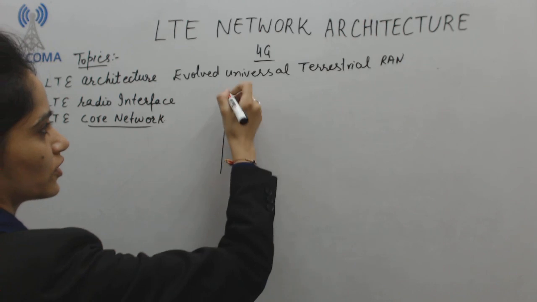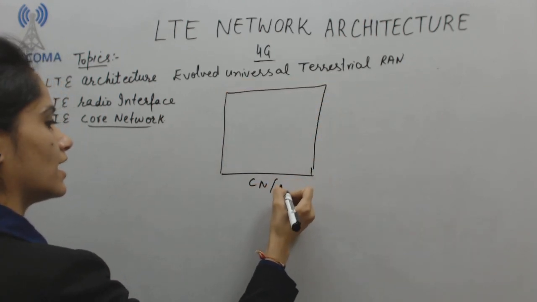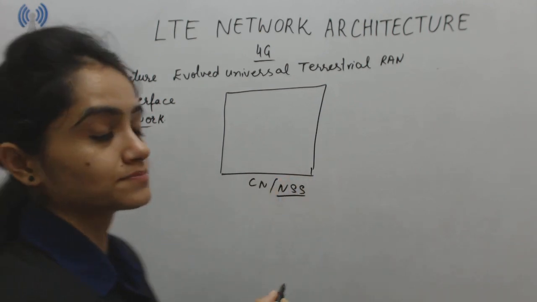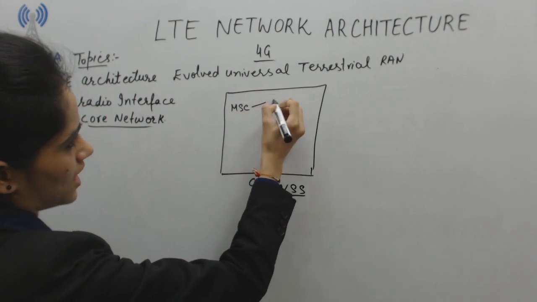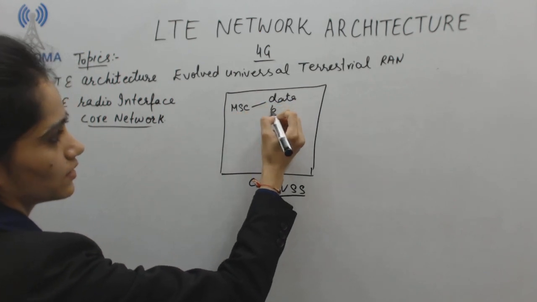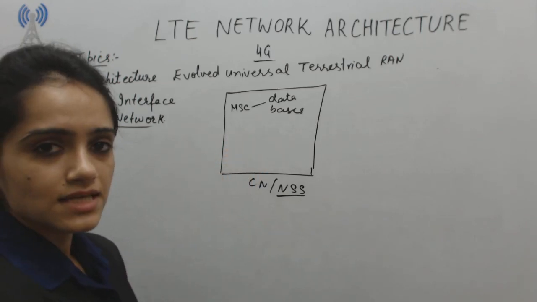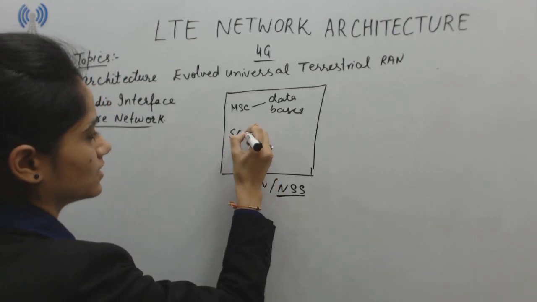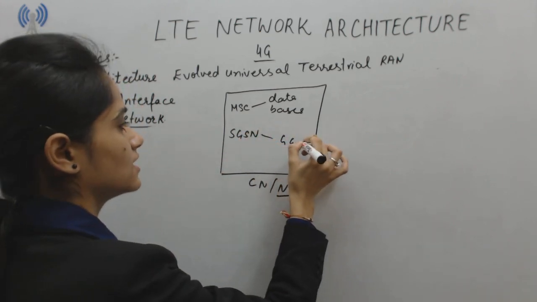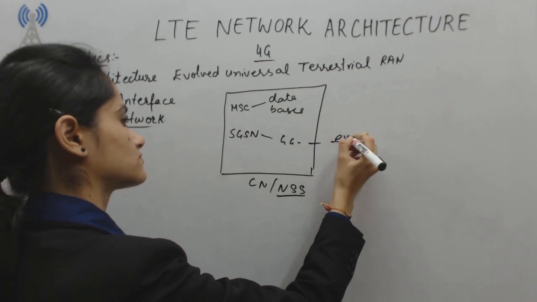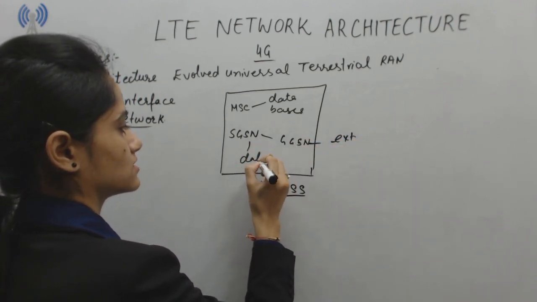Now, talking about core networks, I can also write here the NSS part. So in the core network for GSM, we have MSC and databases. That means 2G. When we require data access in case of GPRS, we added SGSN and GGSN and external networks and all their databases.